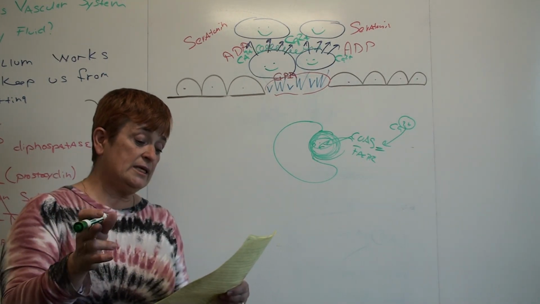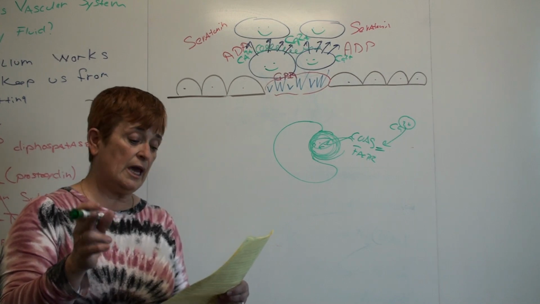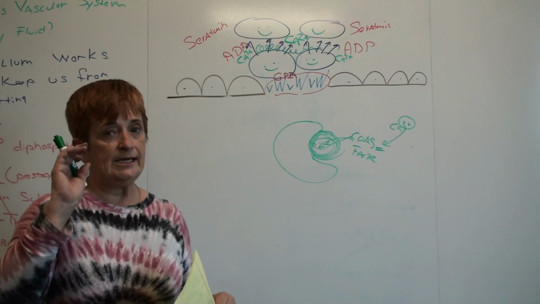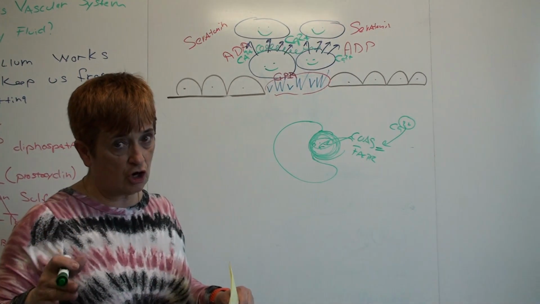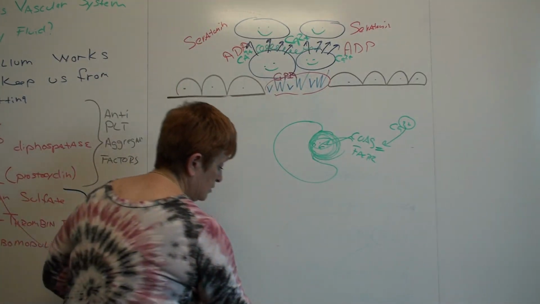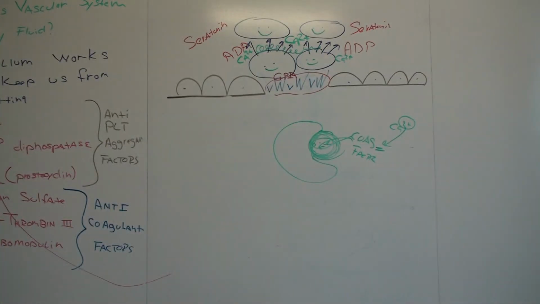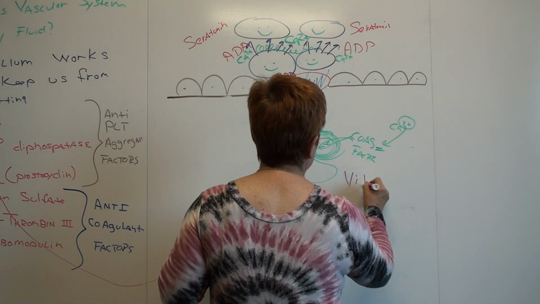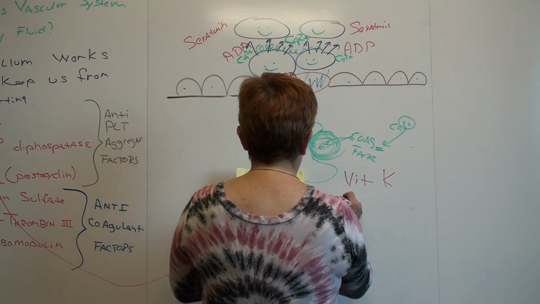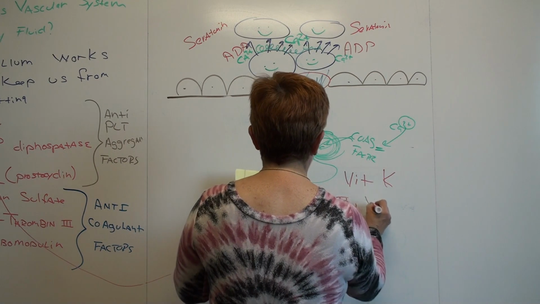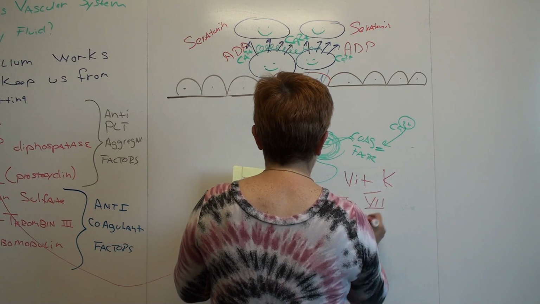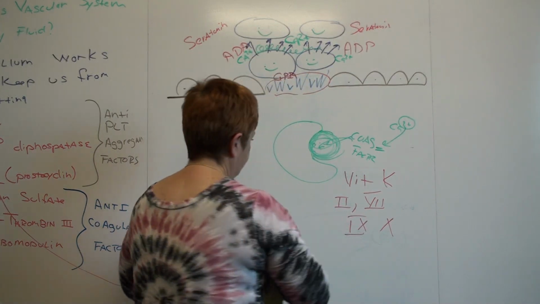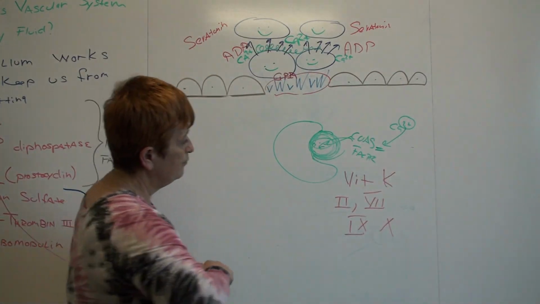Vitamin K is needed to have vitamin K dependent factors. Yes, you do have to know which your vitamin K dependent factors are. I will just write them down for you. Vitamin K dependent factors are your 2, 7, 9, and 10.